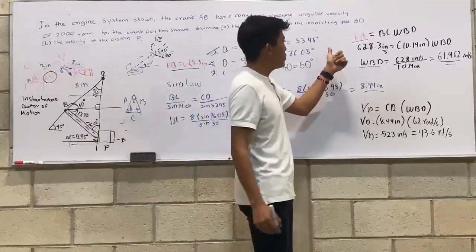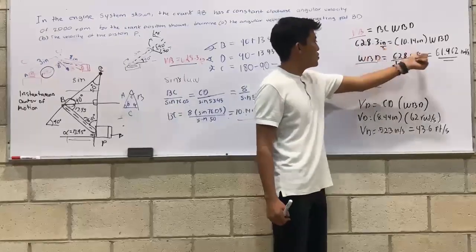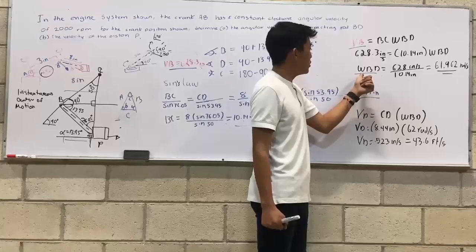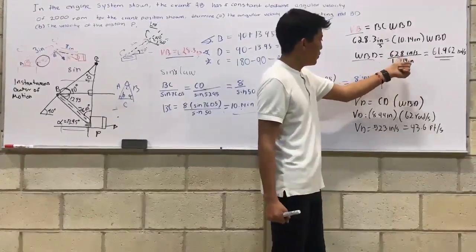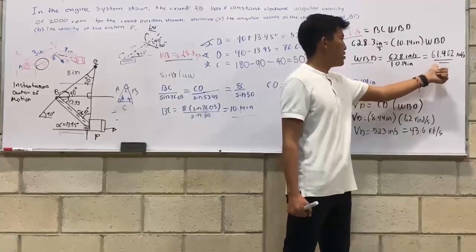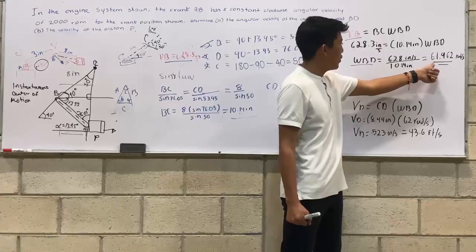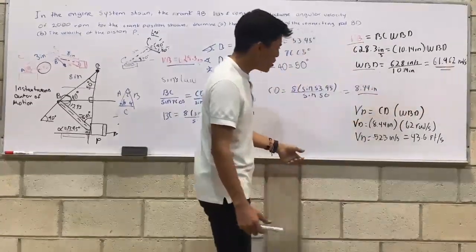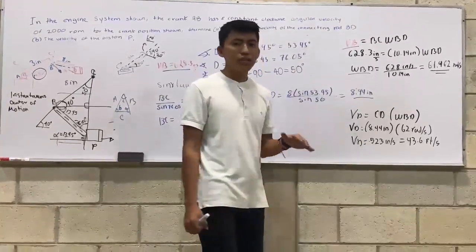And now we're going to substitute that result in this problem, and it's going to be equal to that. And now we're going to solve the angular movement of BD that is equal to this amount divided by this amount, which is equal to that. And we already know the result that is 61.962 radians per second.